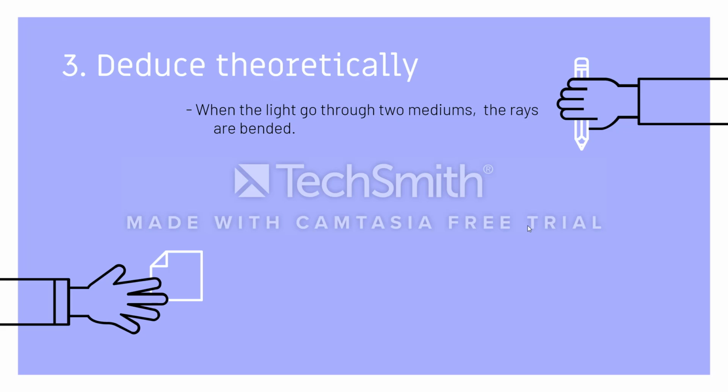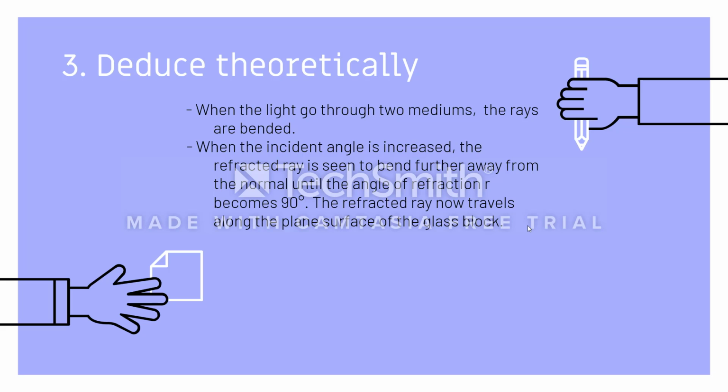According to the law of refraction, when the light goes through two mediums, the rays are bent. And when the incident angle is increased, the refracted ray is seen to be farther away from the normal until the angle of refraction R becomes 90 degrees, and the refracted ray now travels along the plane surface of the glass block.